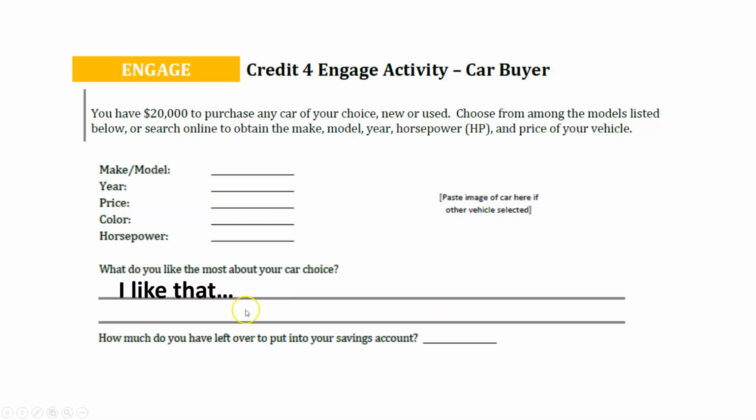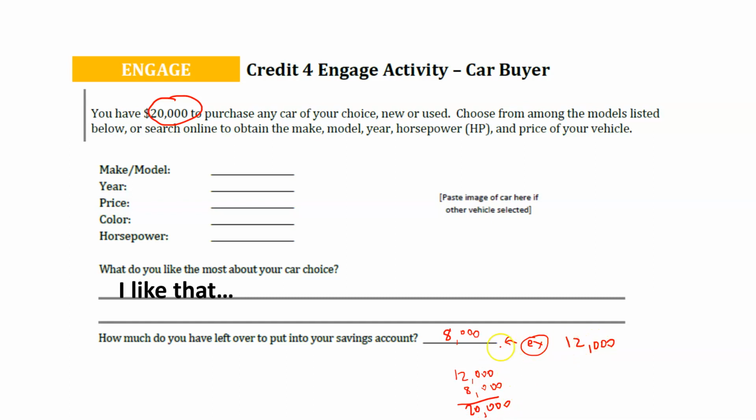And then once you're done with that, tell me how much you have left over. Remember, you had $20,000. So let me just circle that. You had $20,000 to spend. Pretty much if you spent, let's say, for example, $12,000 on your car, essentially the difference would be $8,000, because 12,000 plus 8,000 is 20,000.